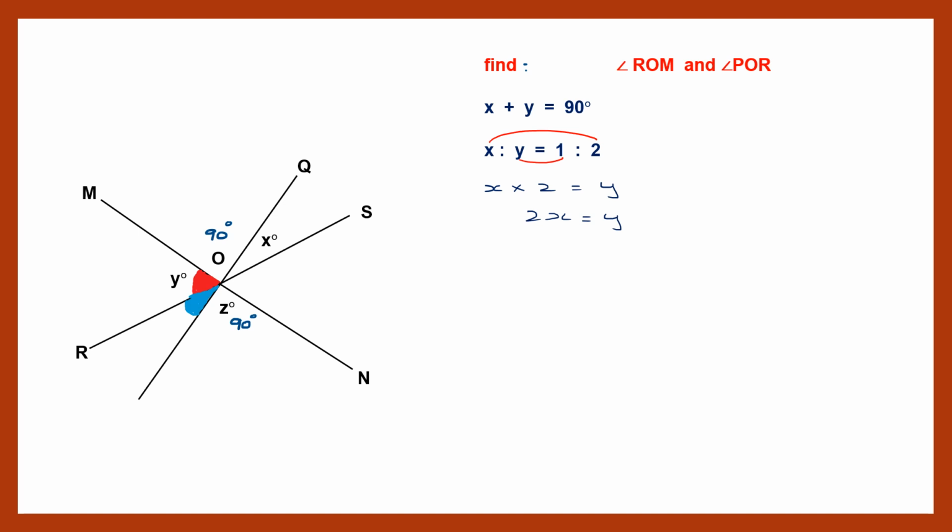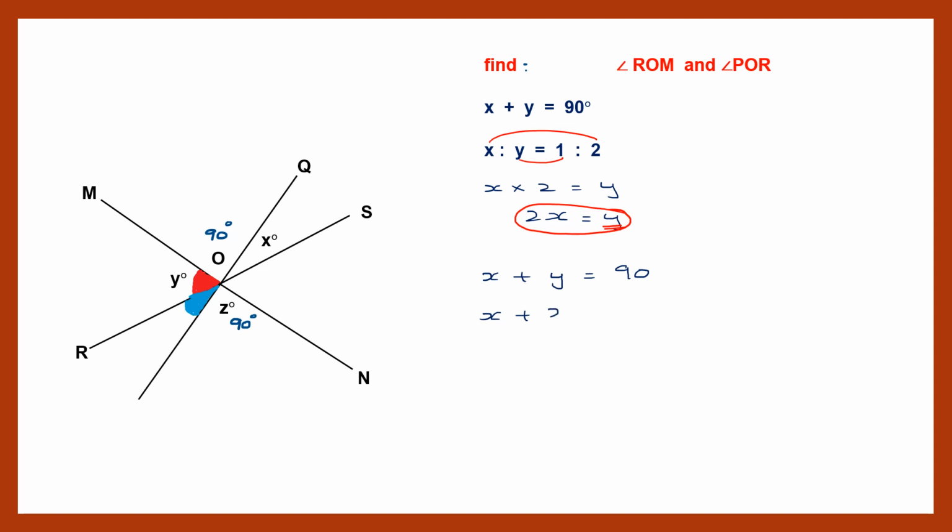Okay. So now we can take this statement x plus y is equal to 90 degrees. Let's write it down here. So I'm writing x plus y is equal to 90 degrees. Now I'm going to leave x as it is, plus in the place of y. Now here what do we know? y is equal to 2x, isn't it? Or 2x is equal to y. So in the place of y, I'm going to write 2x.